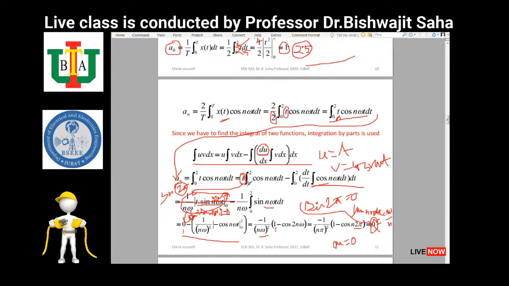Whose value is t? You give the limit of t, so we need to keep it inside. Understand, Suvarna? That's why t dot sine n omega has been written, the variable of the given problem.